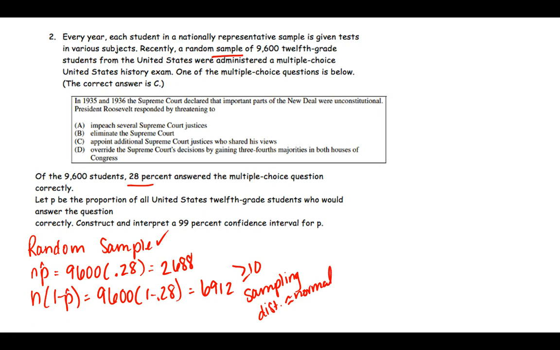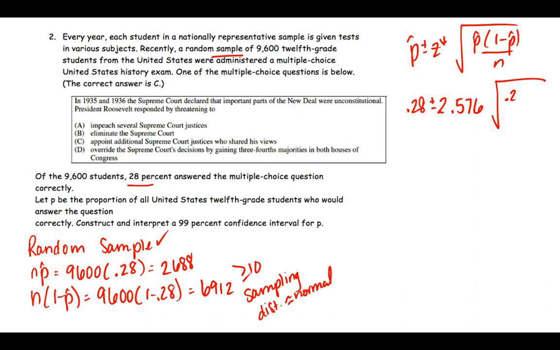So then to calculate my interval, it's p hat plus or minus z star times the square root of p hat times 1 minus p hat over n. So p hat here is that 28%, so 0.28 plus or minus the critical value for 99% confidence. Again, we can get that either from table A or Staplet, is 2.576 times the square root of 0.28, 1 minus 0.28 over 9,600.